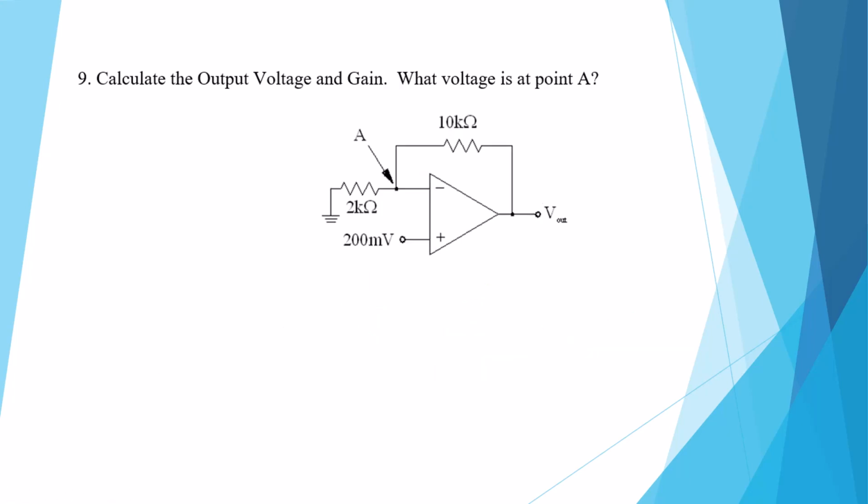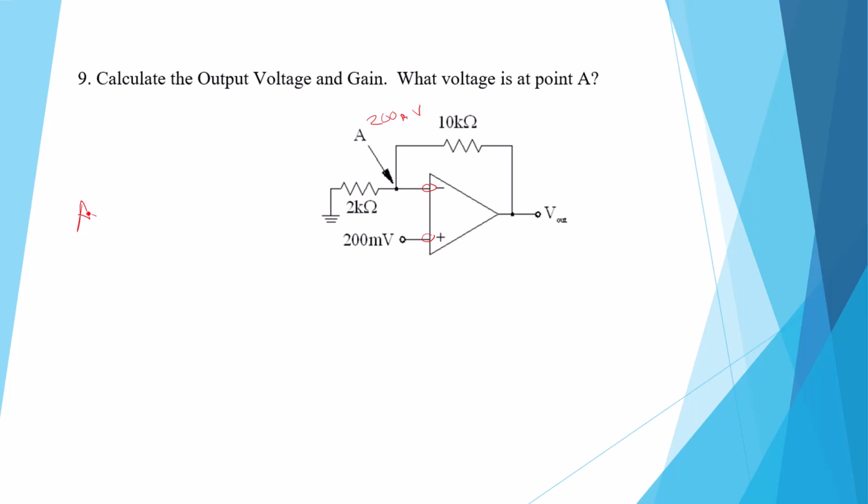Okay, here we're looking at a non-inverting input because our voltage goes into our non-inverting input, and it's asking for A. And again, since our voltages are locked into our inputs, this is going to be 200 millivolts. So A is going to be 200 millivolts. And this is a non-inverting amplifier.